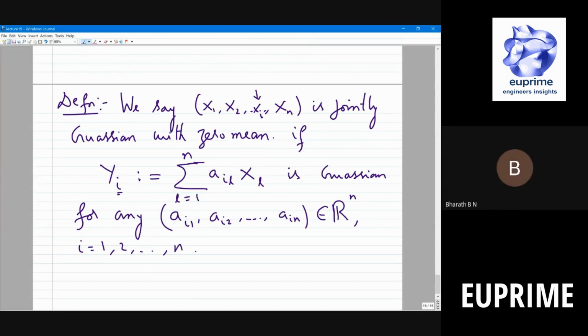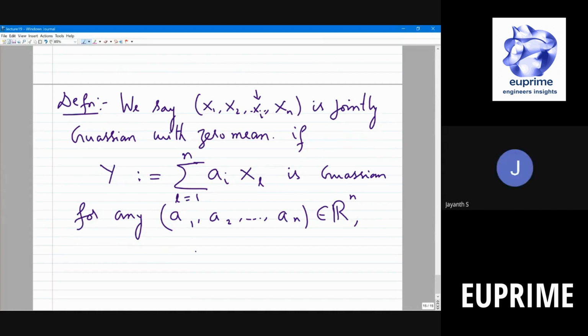So what I am saying is, if you are confused with the notation, let me just write it. I'm just simplifying this. So a_i is Gaussian for any combination.